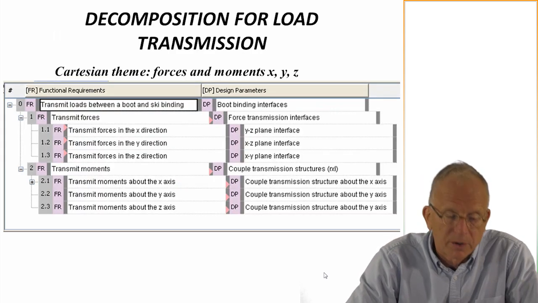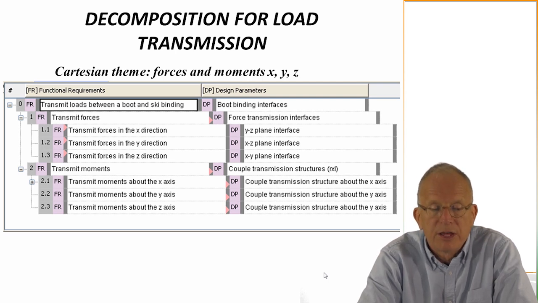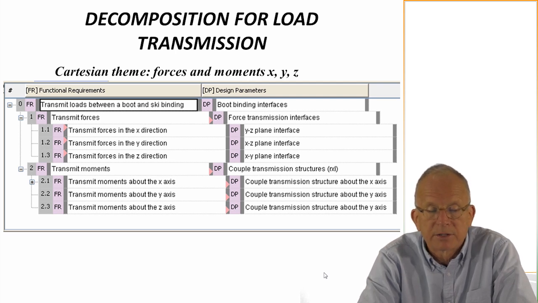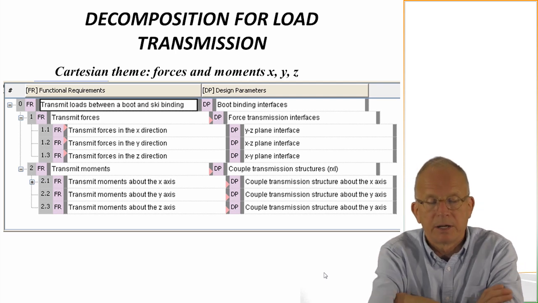Here's another one for load transmission. And so here we'll use a Cartesian theme. In this case, we're looking at transmitting loads between a boot and a ski binding. So these are, for example, control loads that we're trying to transmit. And these are transmitted across certain boot binding interfaces.